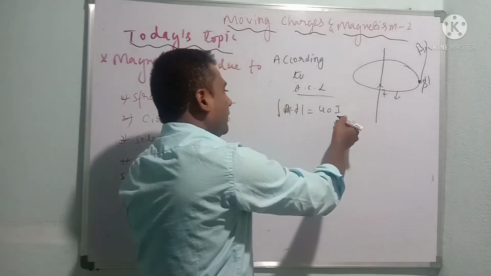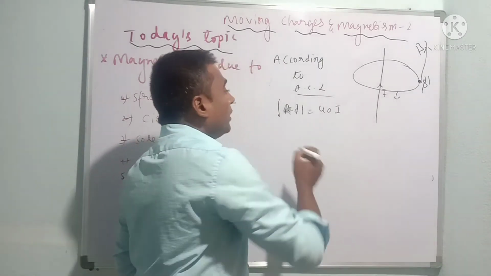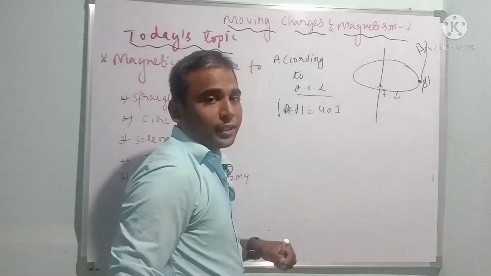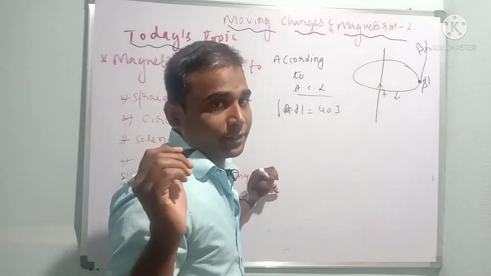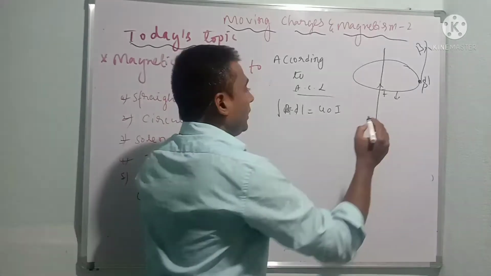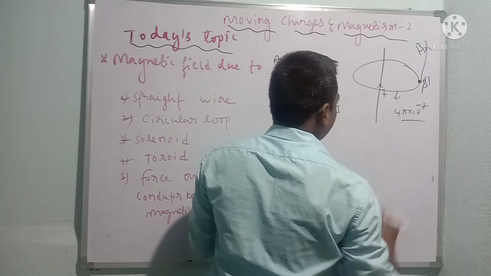If current increases, the magnetic field increases. So the magnetic field totally depends upon current, and mu naught is called the permeability of free space, equal to 4 pi into 10 to the power of minus 7, which we will use in numericals.